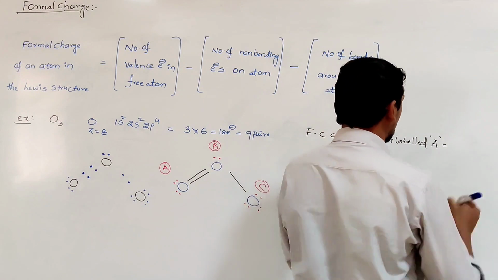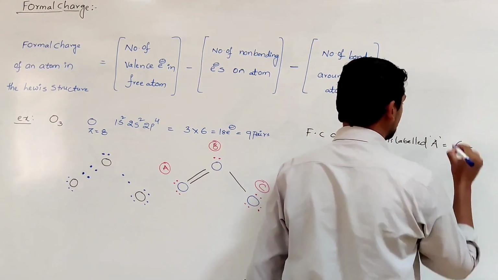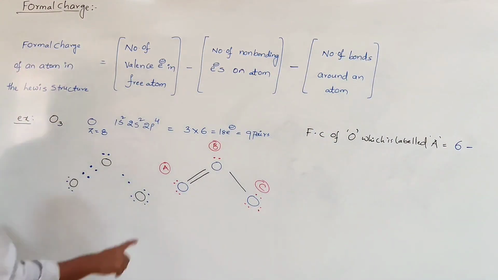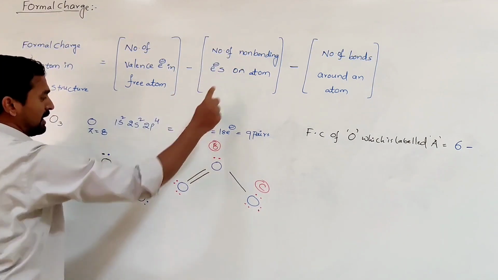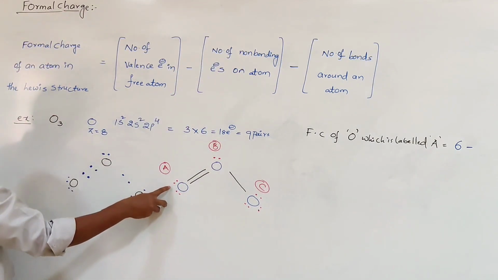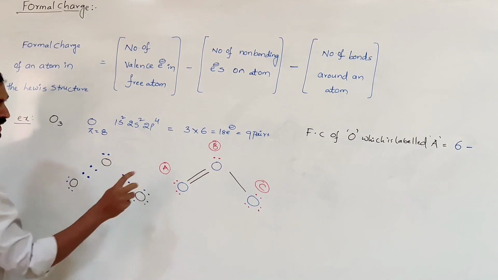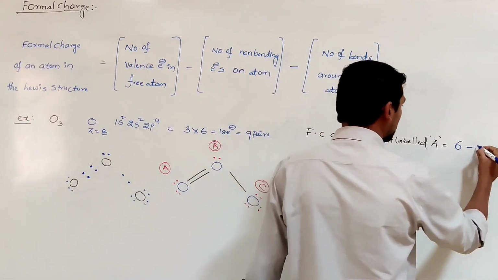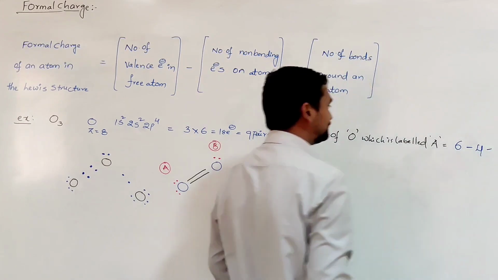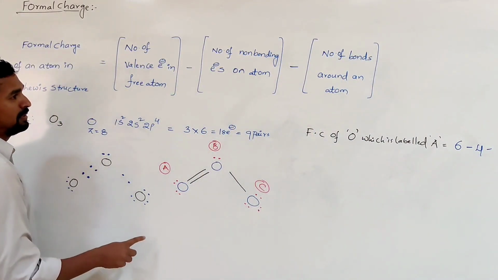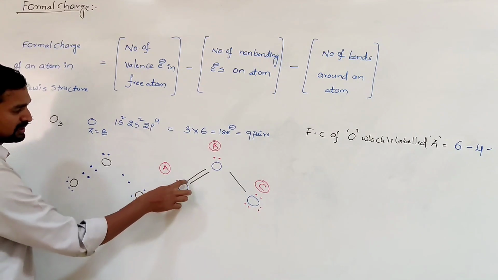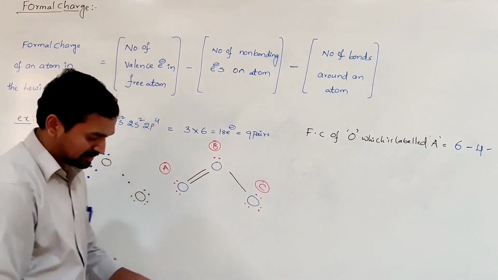So that's why I write 6 minus. And how many non-bonding electrons are on that atom in the structure? Here 2, here 2, totally 4 electrons. You write 4, minus. And how many bonds are around that atom? Around this oxygen atom, 2 bonds are there.